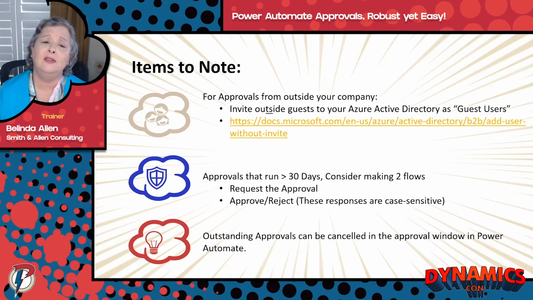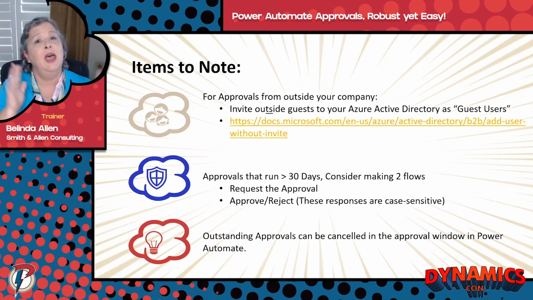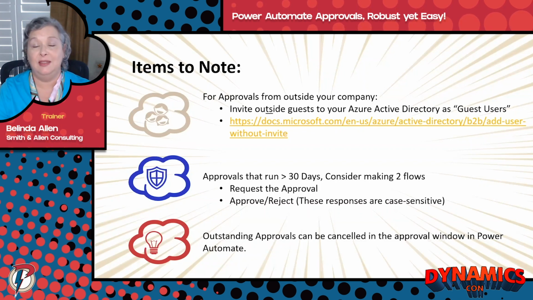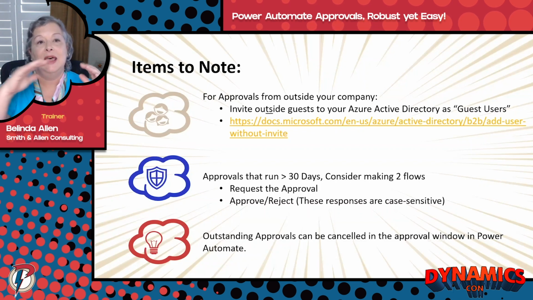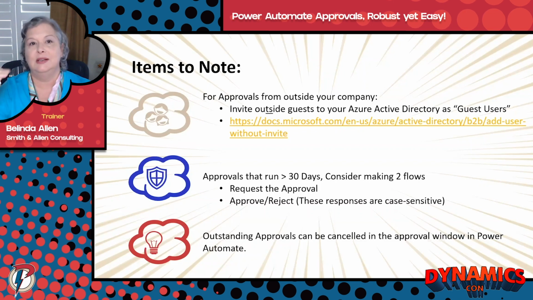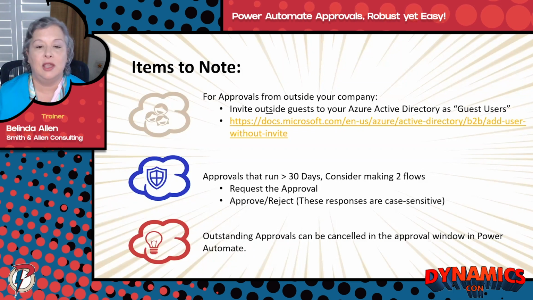I also want to point out that on the approvals, there are only two options unless you use the custom options, and that's approve and reject. And then I also want to point out those are case sensitive. So you saw me put in that condition statement that if the outcome is approve or the responses is approve, it was very important that I had uppercase A and then the rest of it all lowercase.